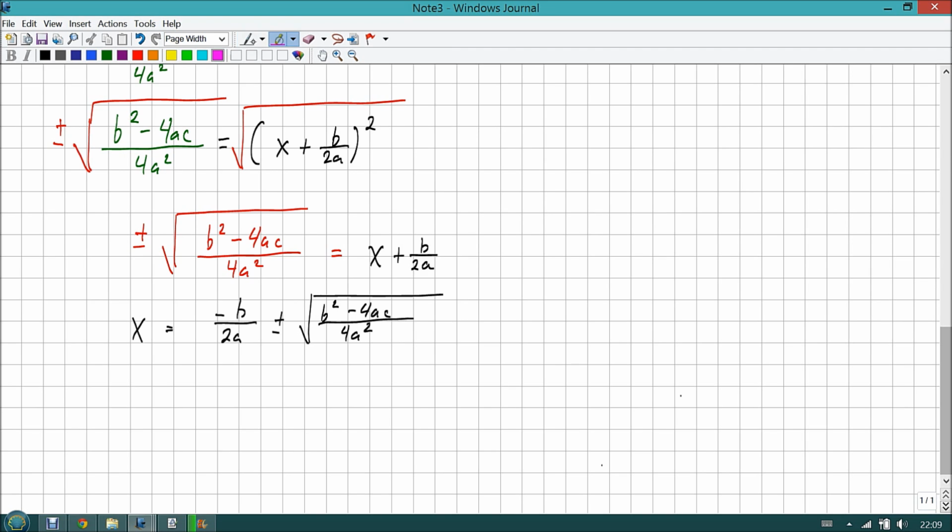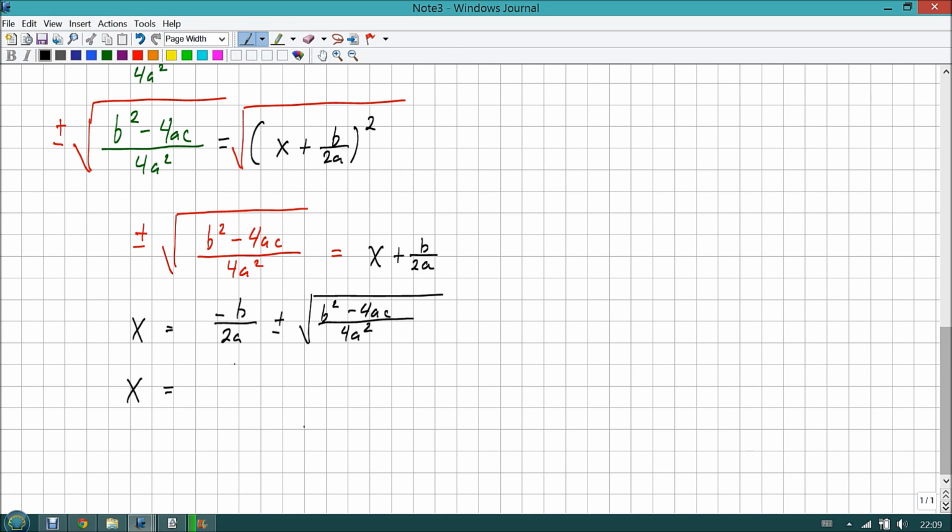Now here's something really neat. This portion on the bottom, that 4a squared, is actually a perfect square. So I can actually take the square root of that and turn this into a fraction. So when I do that, I get, oops, really big blocks of black lettering.